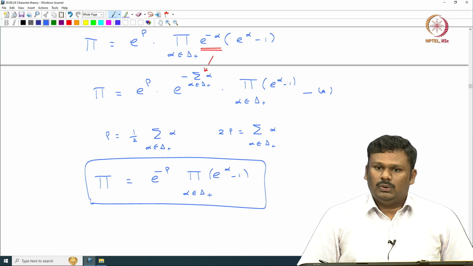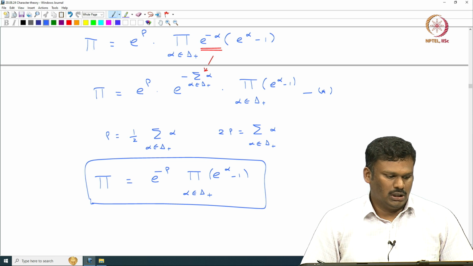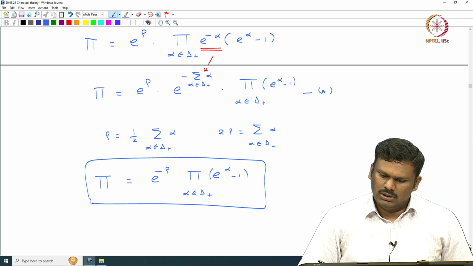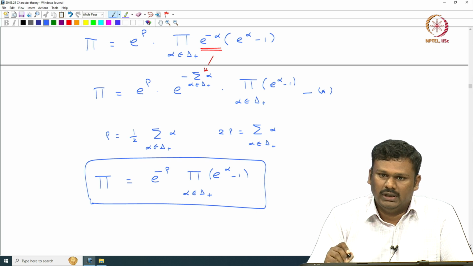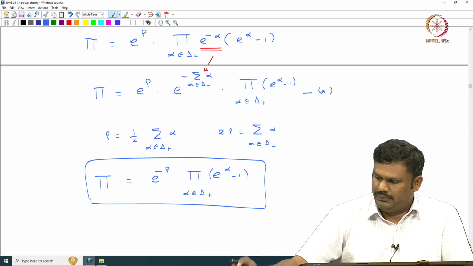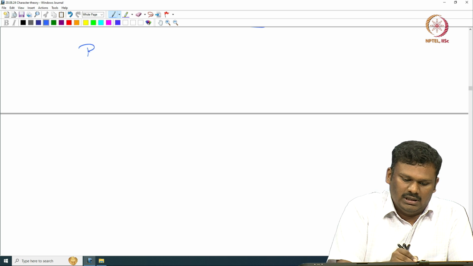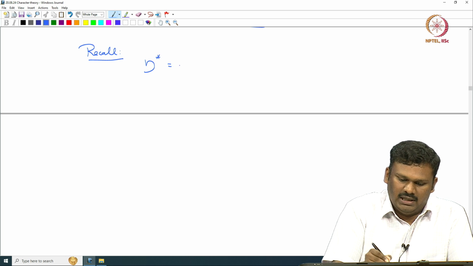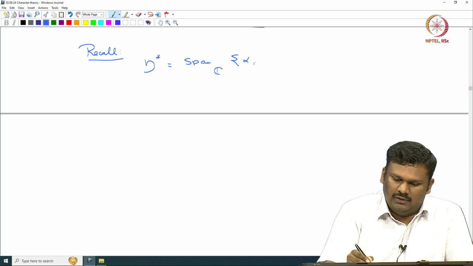Now to prove the denominator identity, we need to use the Weyl group action. In order to understand it, let us first understand the Weyl group action on the Euclidean space underlying this h star. Okay, recall. We have this h star given by the span over C of the alpha_i's, i ranging from 1 to n plus 1.